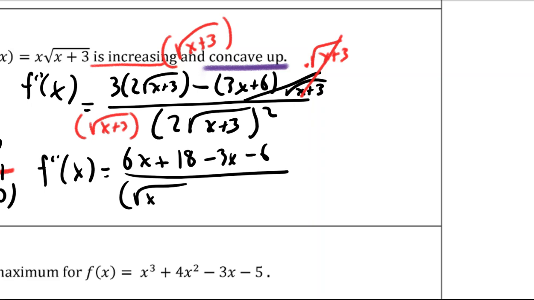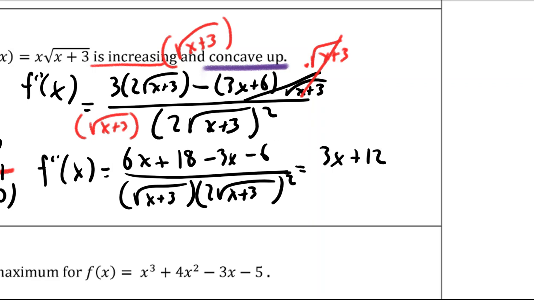And in my denominator, I don't know, this is a big mess, but it's not really going to help to simplify this. So really this stuff becomes 3x plus 12 in the top, or 3 times x plus 4 if you'd rather. The denominator is just going to have all of this stuff.